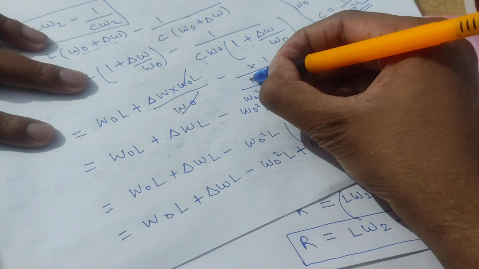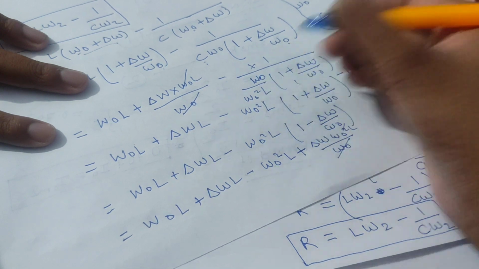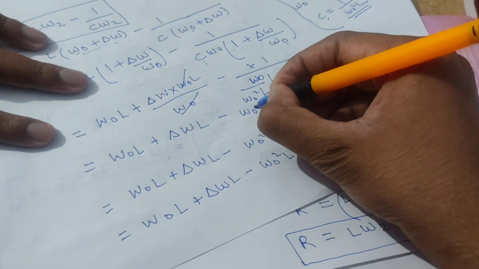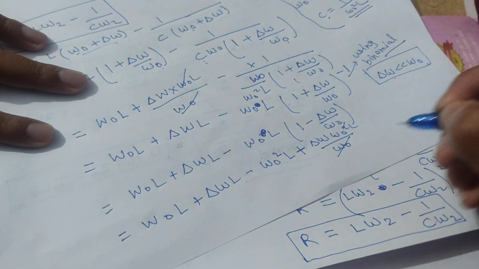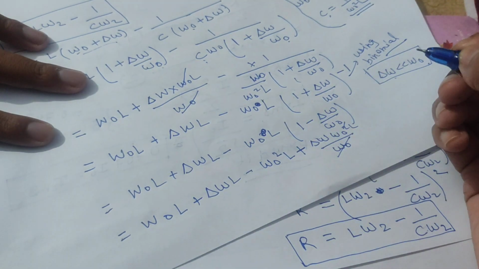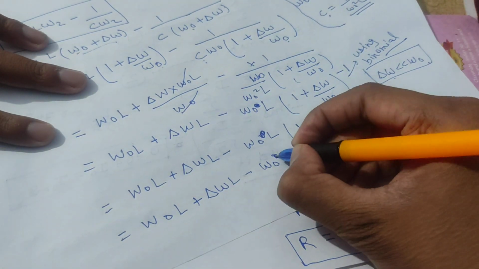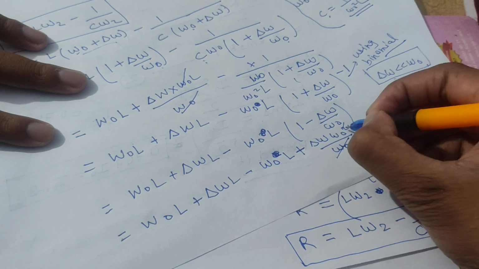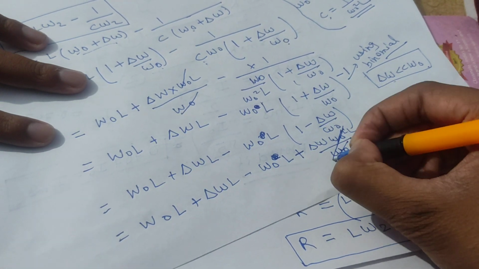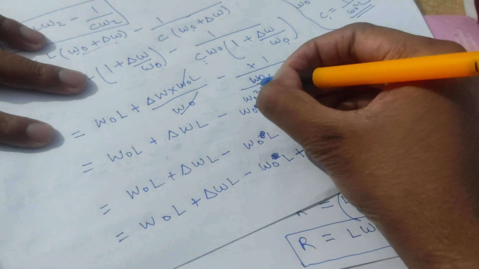It has omega naught here. Okay, so it will be no omega square, and here will be no omega, okay, so here is omega.